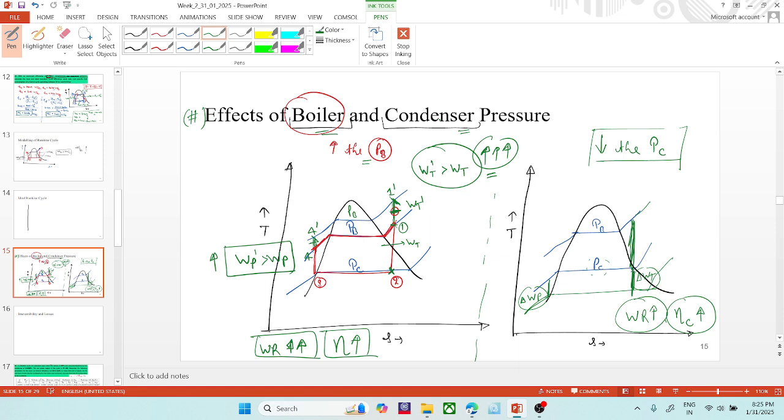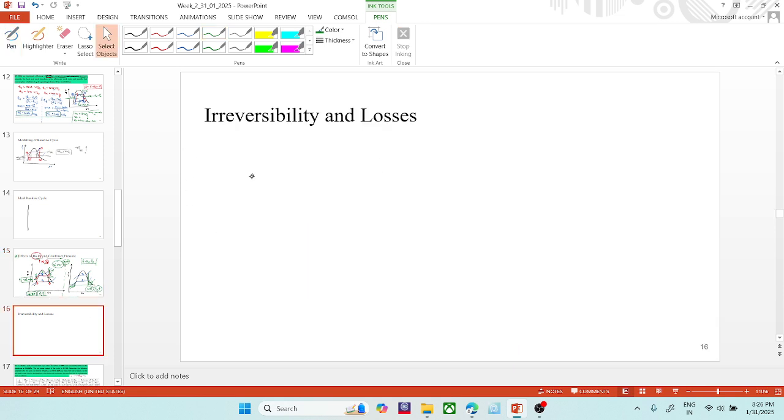Then irreversibility losses. The same thing which I have shown you, where we used the turbine and boiler, the turbine and compressor efficiencies. This is H1 minus H2 divided by H1 minus H2 dash.